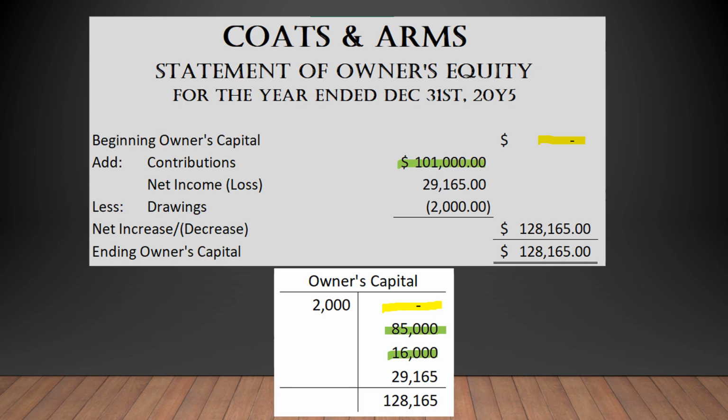Similarly, we see our credit for net income reflected as another addition. Finally, the debit for drawings is a reduction on the financial statement. Consequently, the ending balances will tie to the cent.